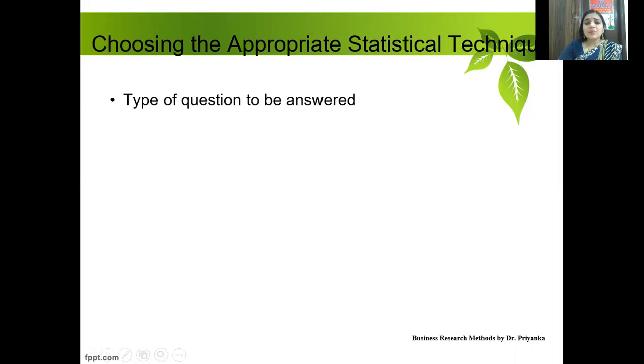So, number one, type of question to be answered. What kind of question you are going to answer through your research study is very important to decide what kind of analysis you will be going through. For example, whether you want to check the relationship of two variables, or the difference between some categories of people.